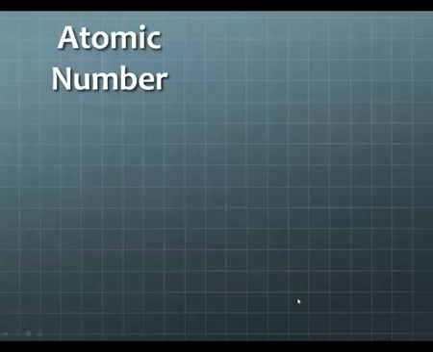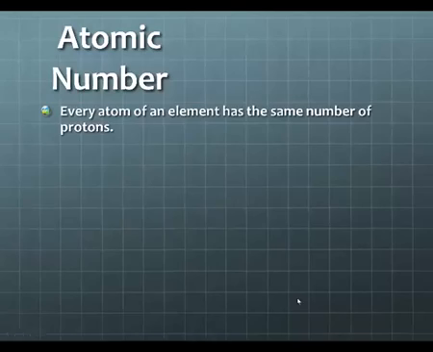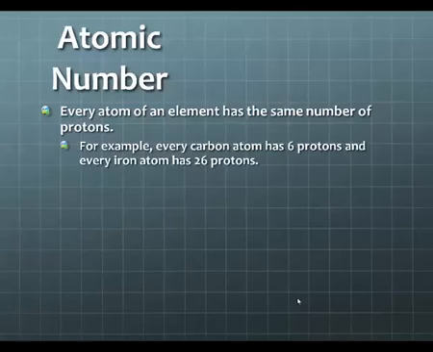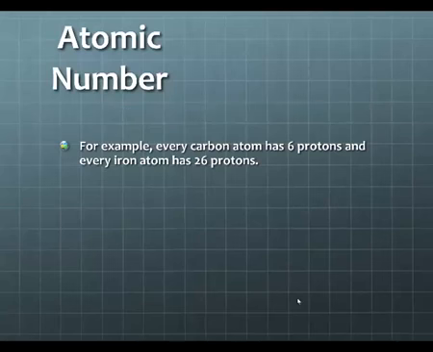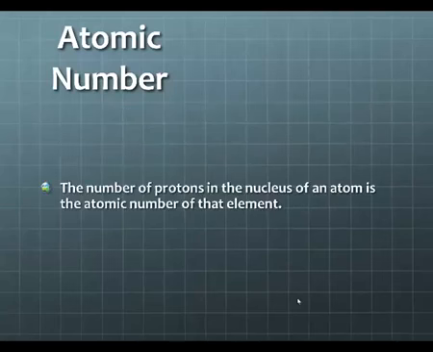The atomic number. Every atom of an element has the same number of protons. For example, every carbon atom has 6 protons and every iron atom has 26 protons. The number of protons in the nucleus of an atom is the atomic number of that element.